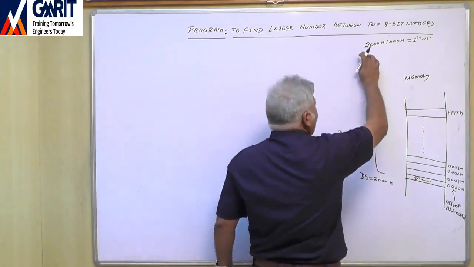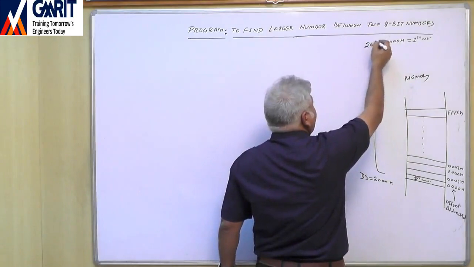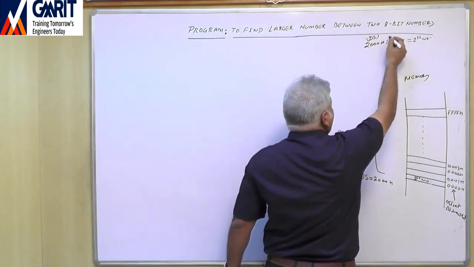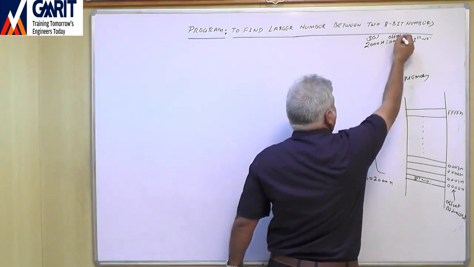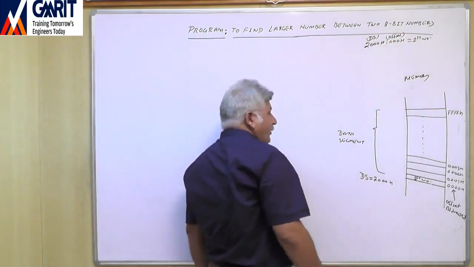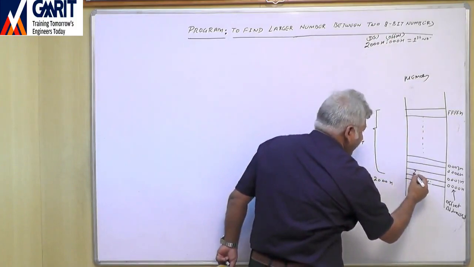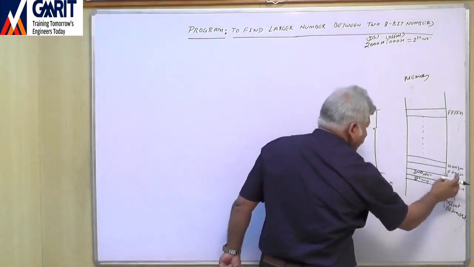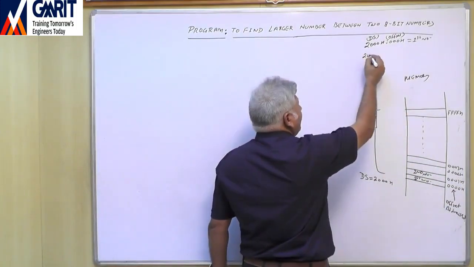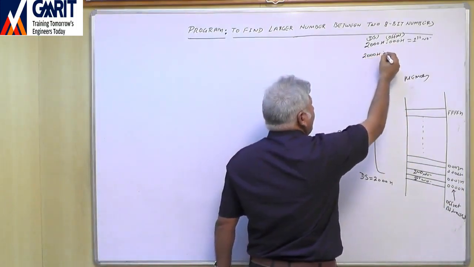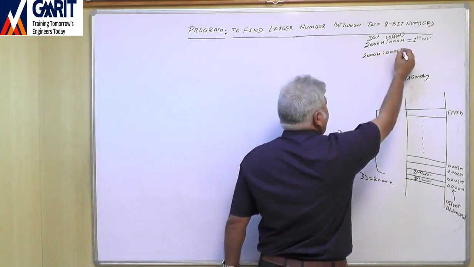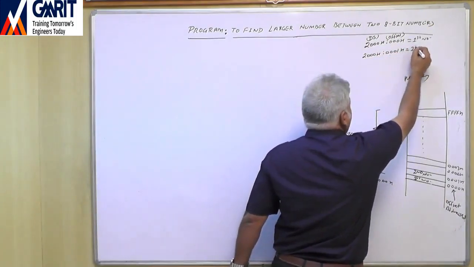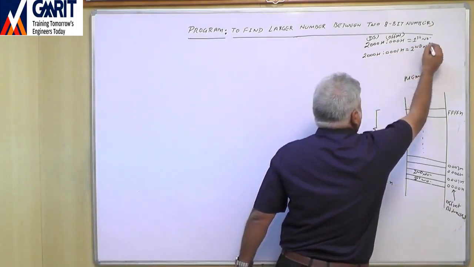So the way we write these addresses, first we write the value of the data segment register, and after that the offset, right? Now our second number is at offset 0001. So at 2000H colon 0001H, we have our second number.